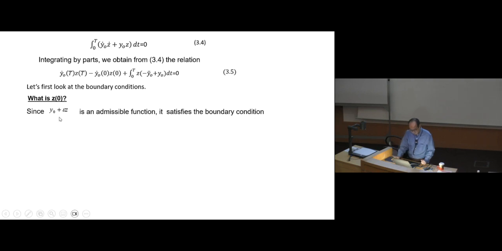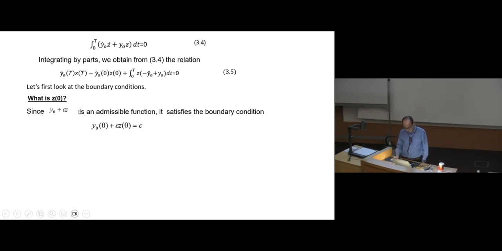Remember, when we change the function into another one, arbitrary as it is, any function after the change should still satisfy the boundary condition, because all the candidates should satisfy the boundary condition. If I change it and it is still a candidate, it should satisfy it.